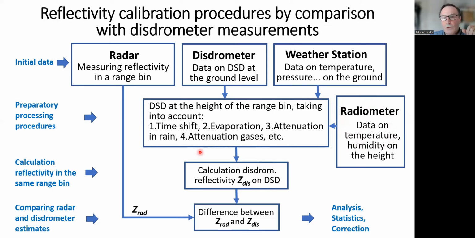After all corrections, we can calculate the drop size distribution after correction and use it to calculate reflectivity from the drop size distribution data. Now we can compare radar reflectivity and disdrometer reflectivity for the W-band radar. And the difference between them can be analyzed, statistics can be analyzed, and it can be used for correction, for calibration, and so on.